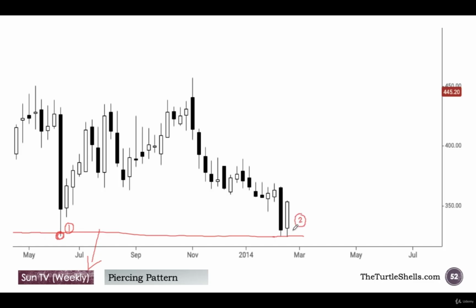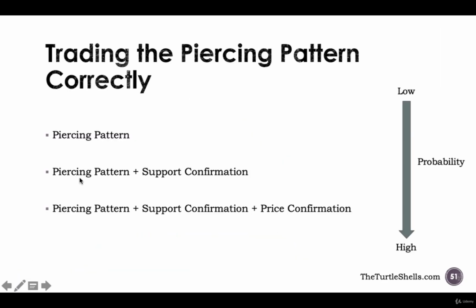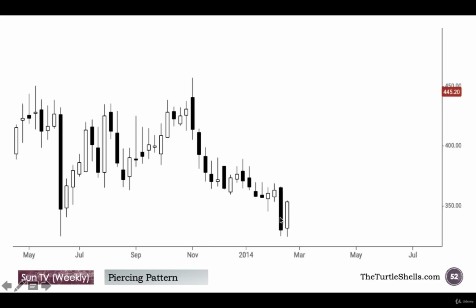Not a perfect one, because even though the closing is okay, our opening is not below the low of the prior black candle. So that is signal number 2. It is coming after a nice downtrend. So in this case, we are looking at piercing pattern plus support confirmation. We are not looking at price confirmation.